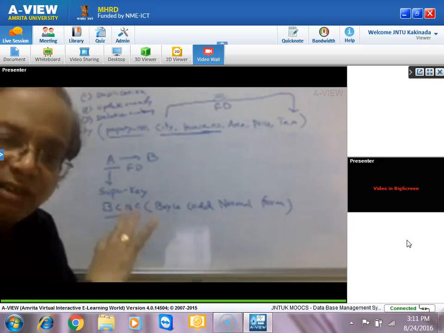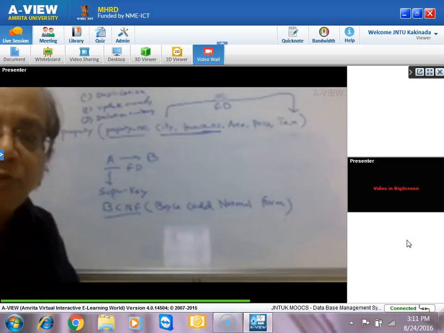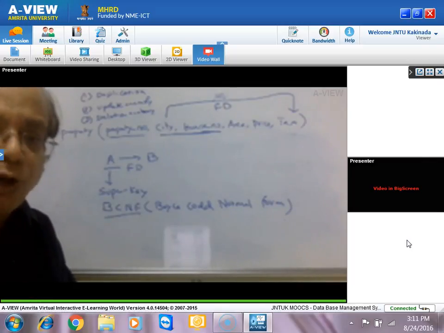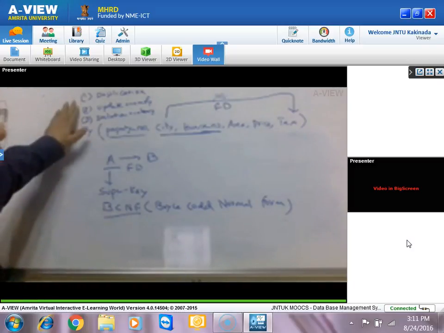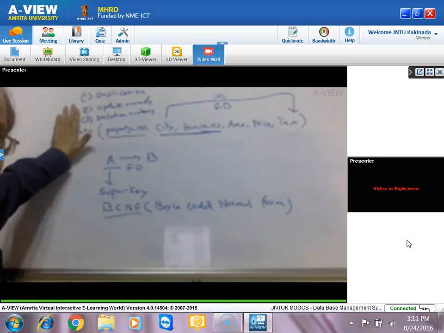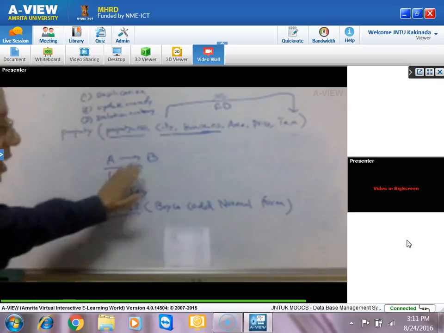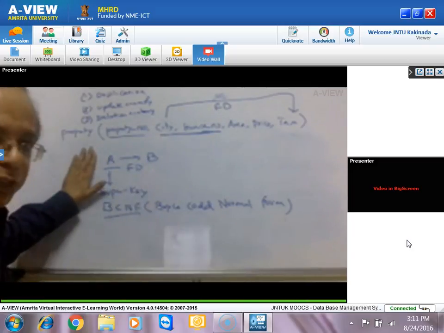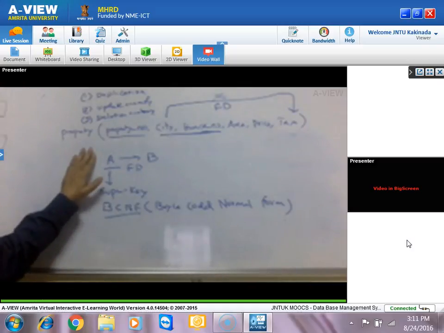This avoids all kinds of redundancy. When functional dependencies are involved, Boyce-Codd normal form ensures that there are no redundancies. I will intuitively explain why it will make sure that none of these anomalies will happen. What it does is take an FD and require that the left side of the FD be a super key of the relationship.